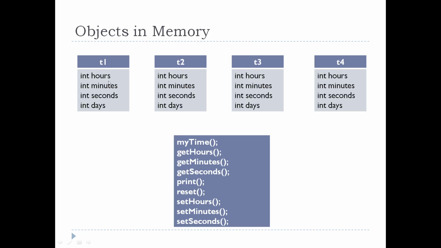So T1 should have its own copy of these attributes, T2 should have its own copy, T3 should have its own copy. Similarly, all the other objects of type myTime should have their own copy of these attributes, because these are non-static data members. Static data members, on the other hand, are not part of any object.